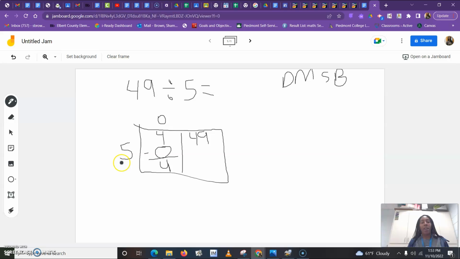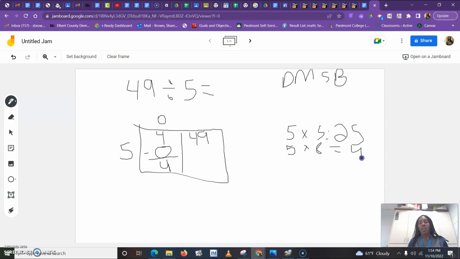49 divided by 5. So I ask myself, how many groups of 5 can I get out of 49? So 5 times what gives me 49? I know 5 times 5, so I can start there, is 25. So I can keep going. If I know 5 times 8 is 40, I actually could have started there.